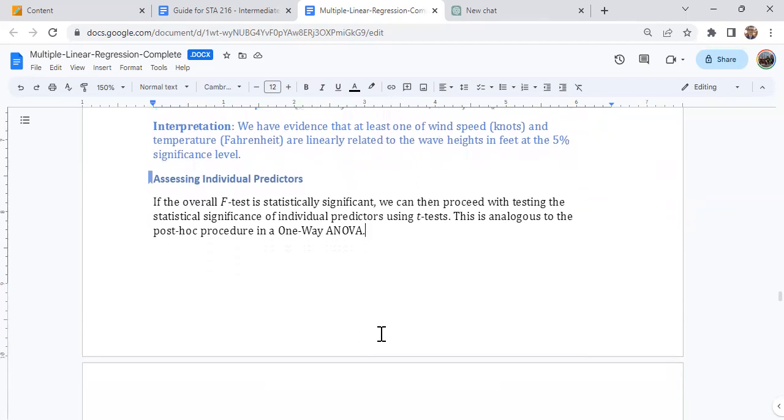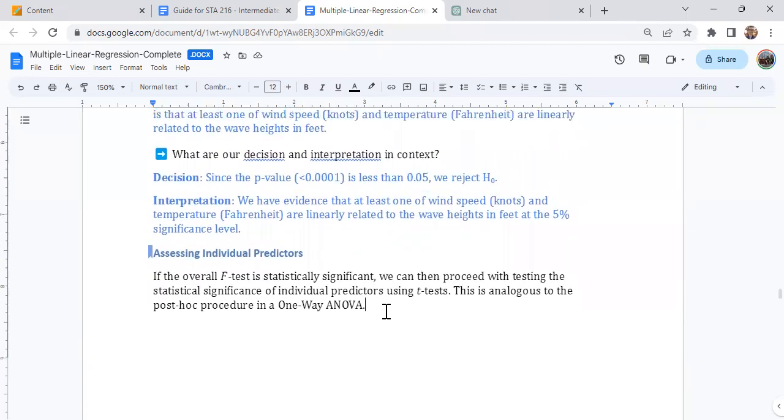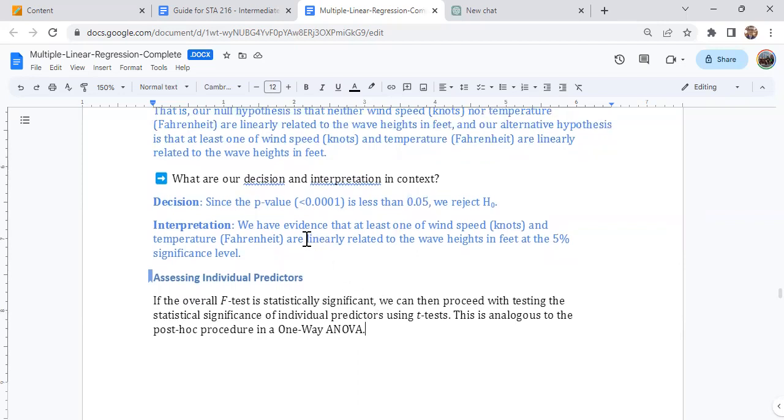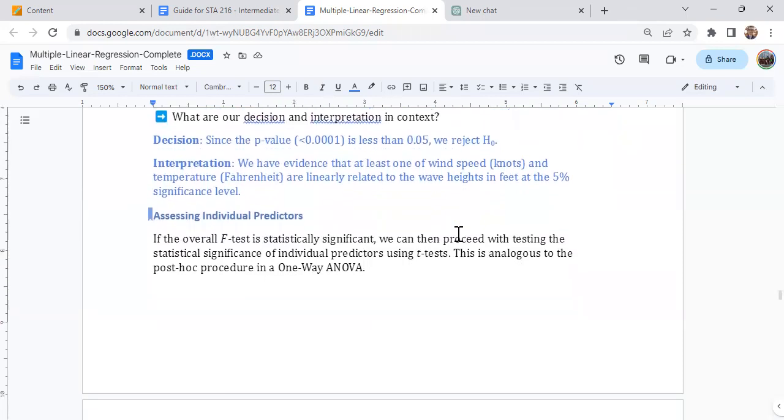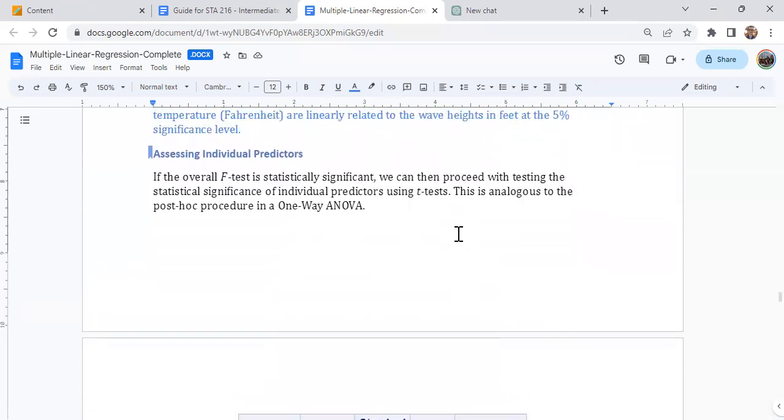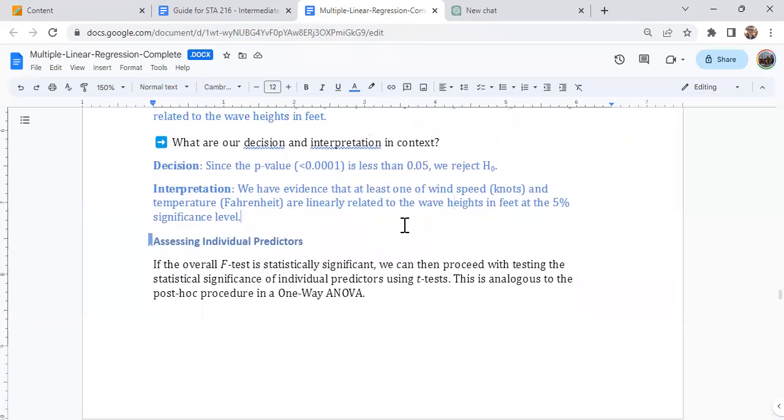So, just like ANOVA, this leaves the result a little ambiguous. We're just saying at least one of the predictors is related to the response. We're not saying if it's one or both, or which one, if it's only one. We don't know. In ANOVA, we would do what's called the post hoc procedure.